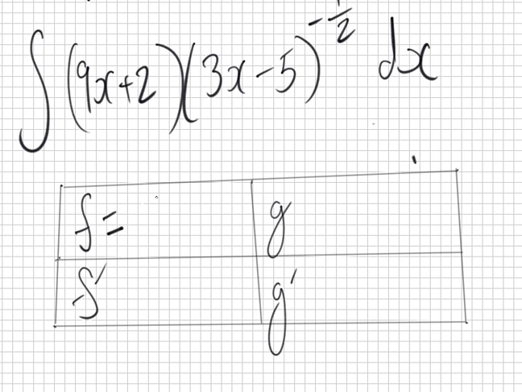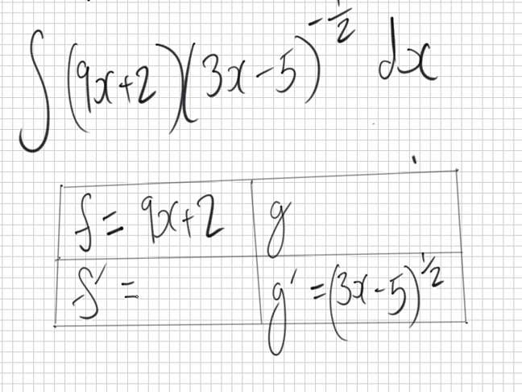So f is 9x + 2 and g derivative is (3x - 5) to the power a half. So what is f derivative? 9.